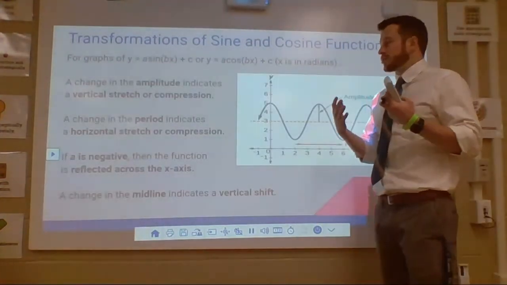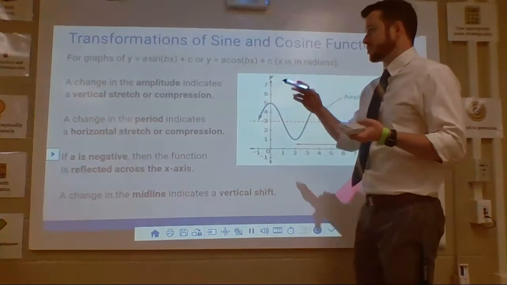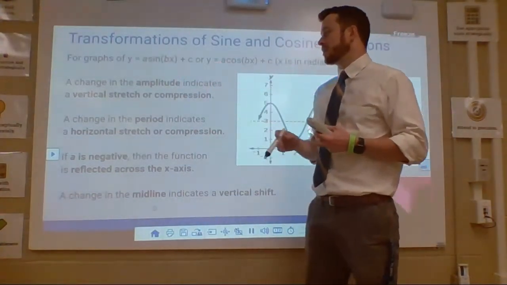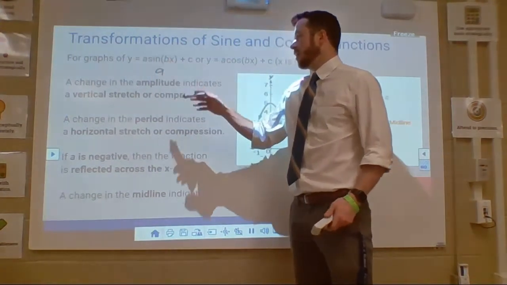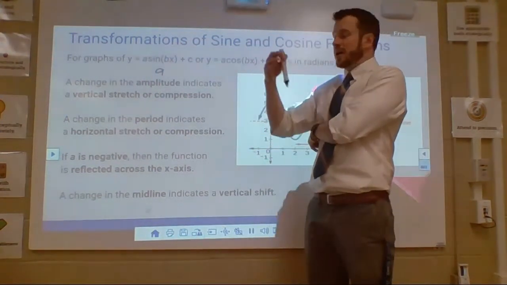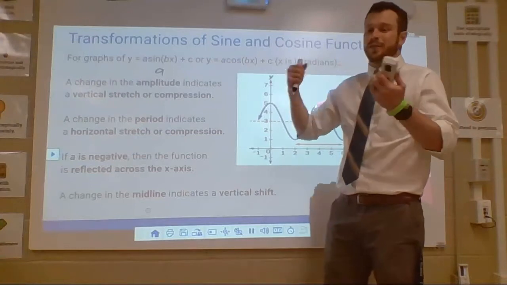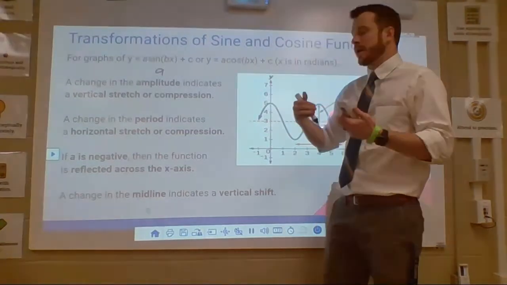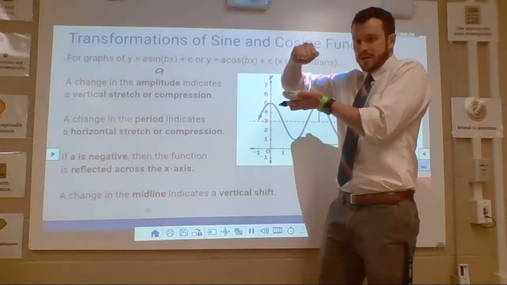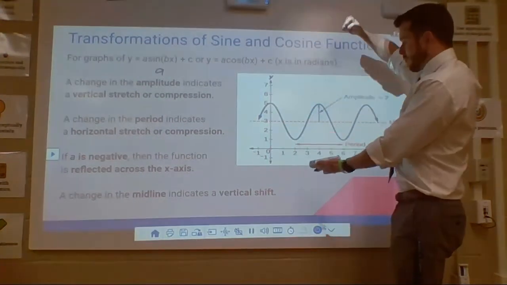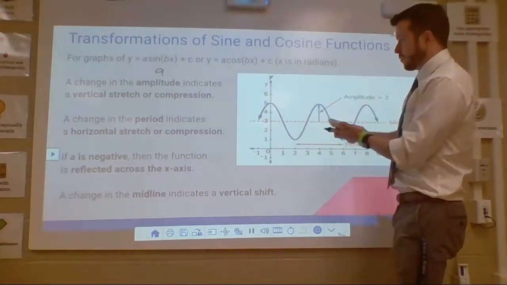As we're talking about these transformations, which depend on the value of a, b, or c: if you change the amplitude, which is a, that's going to make it a vertical stretch or a vertical compression. It's going to either stretch that wave up or compress it inward.